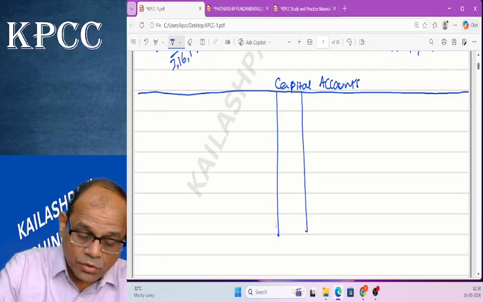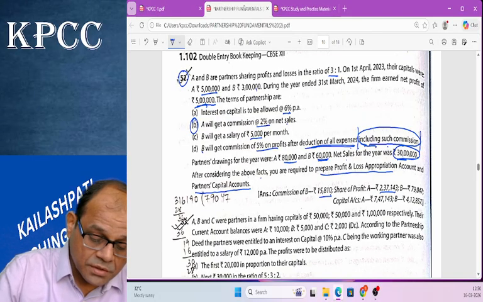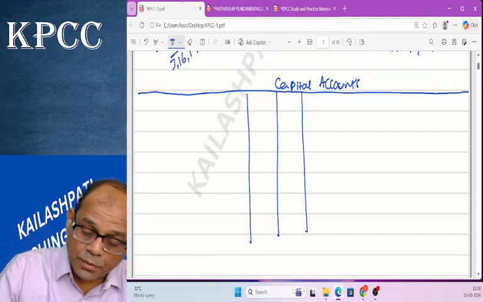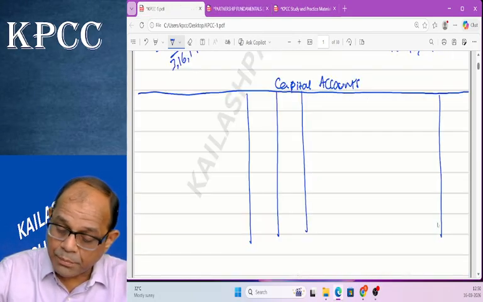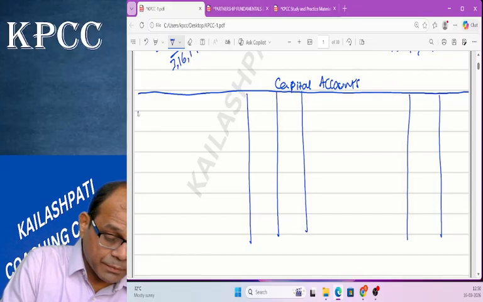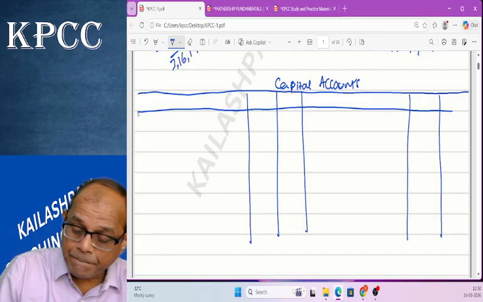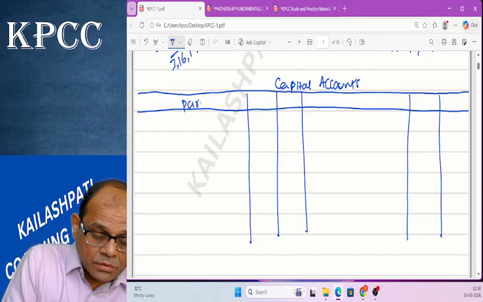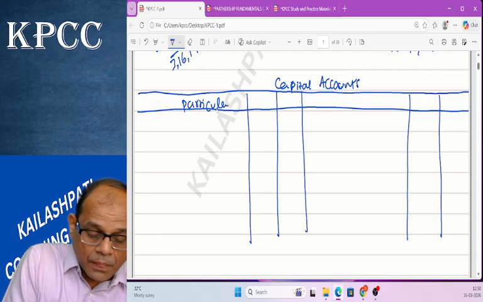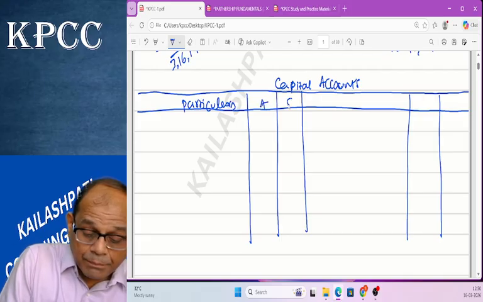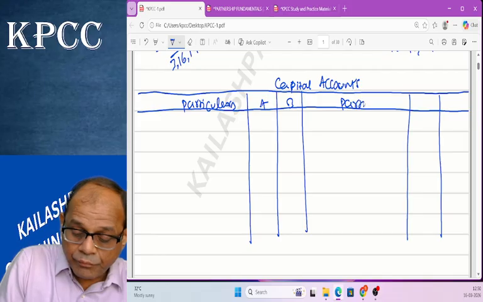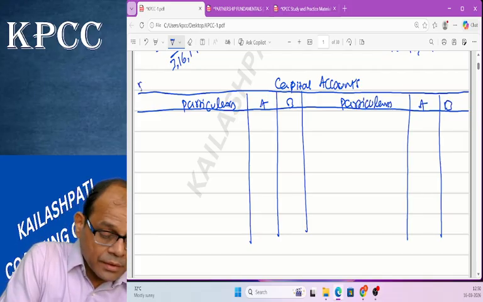There are two partners, so only two columns on both sides, A and B. Particulars, A, B, debit, credit.